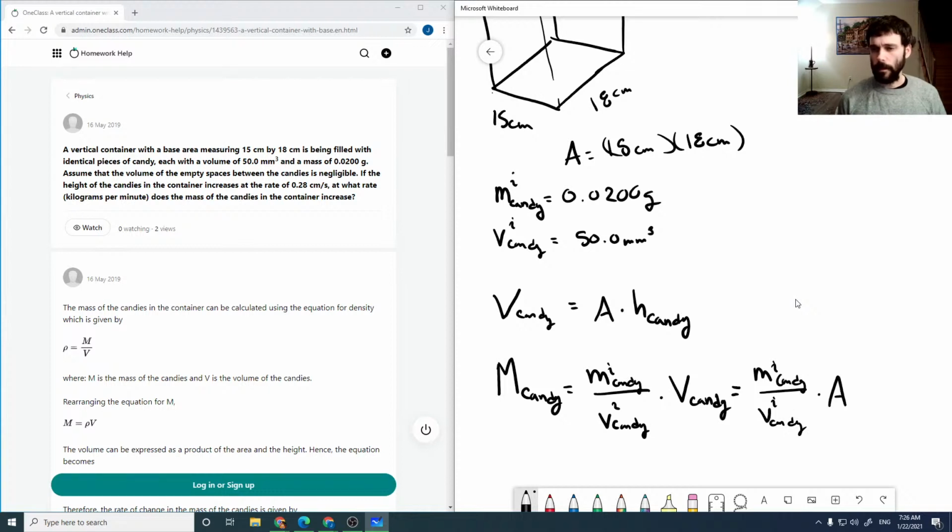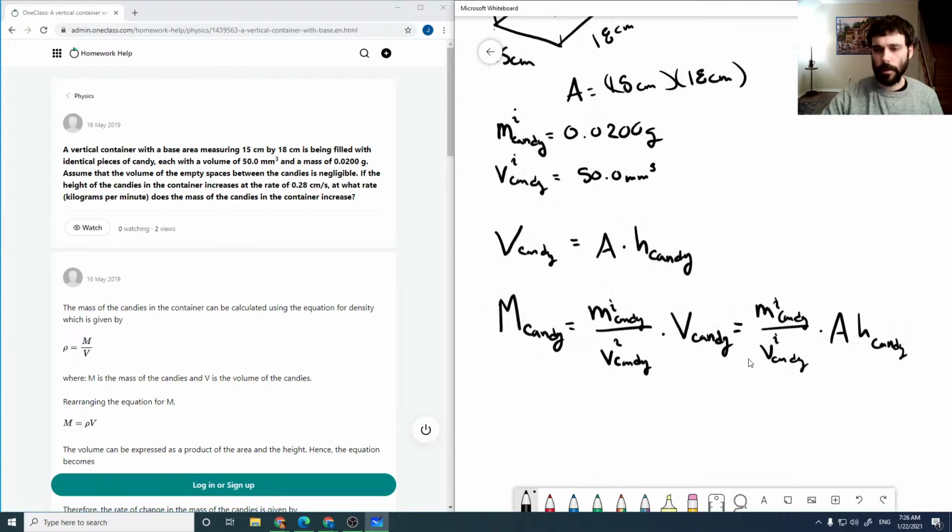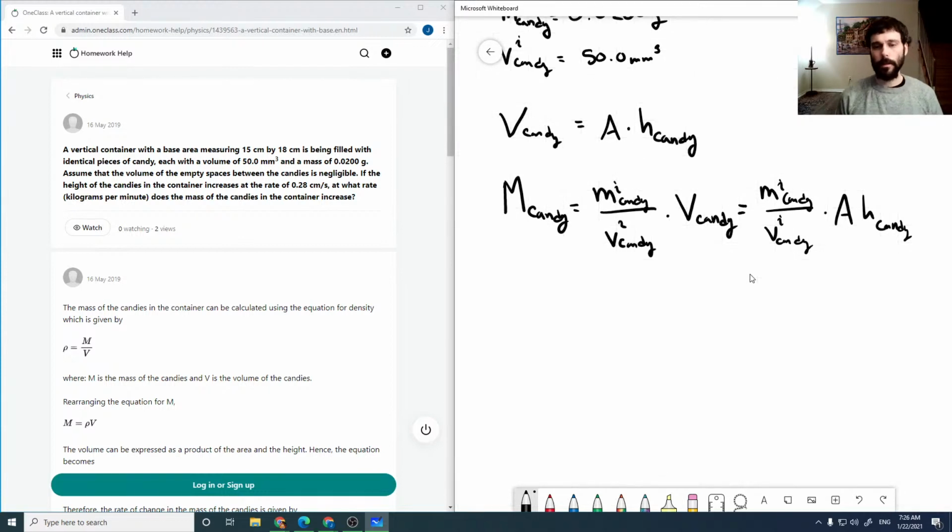And just writing it in terms of these quantities that I've written out, what I want is the rate of change of my candy mass with time. The only thing that's changing with time here is the height, so these are all just constants.